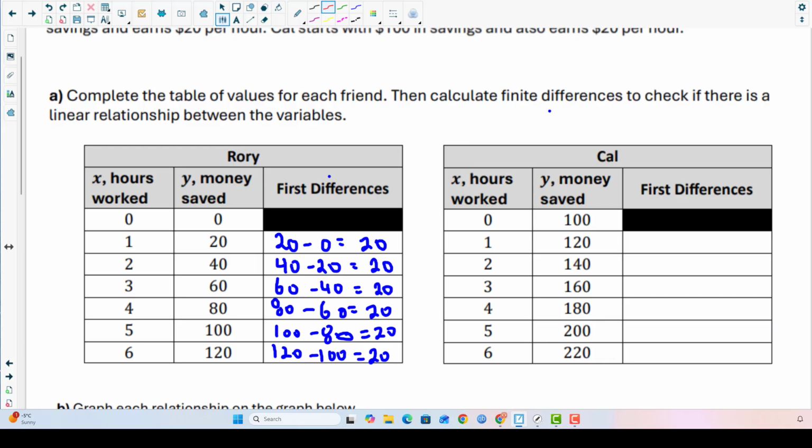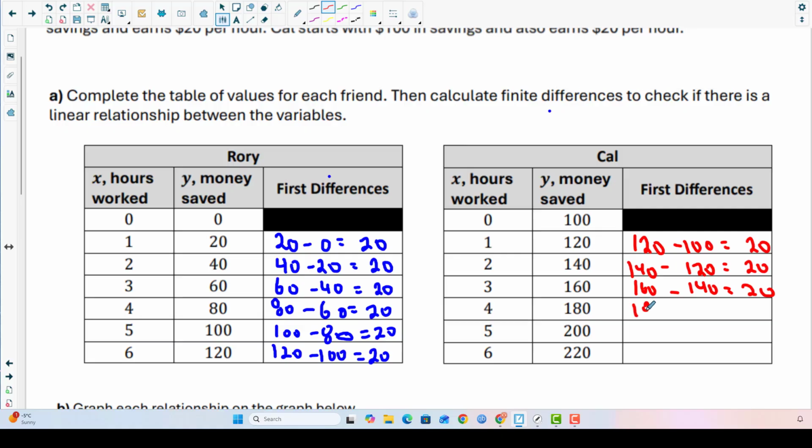For Cal, we have different values. So let's see if this is also going to be linear or not. Starting with 120 minus 100, which is 20. Let's continue. We have 140 minus 120, which is 20. 160 minus 140, which is 20.